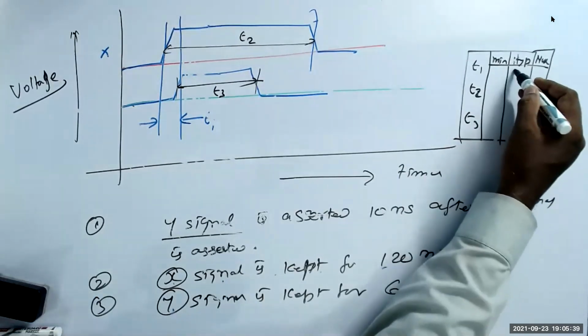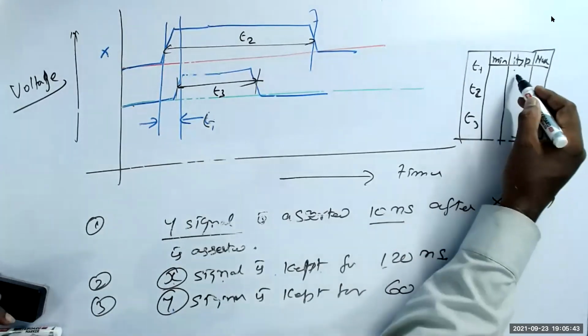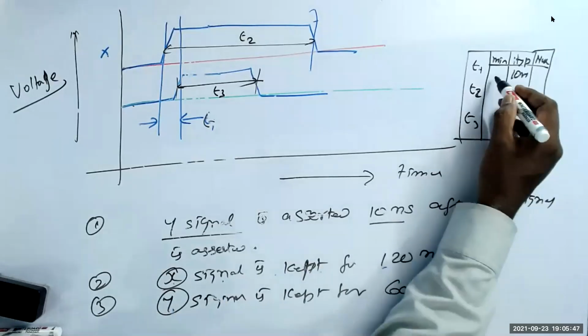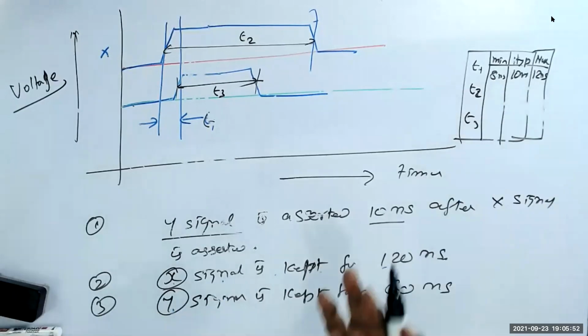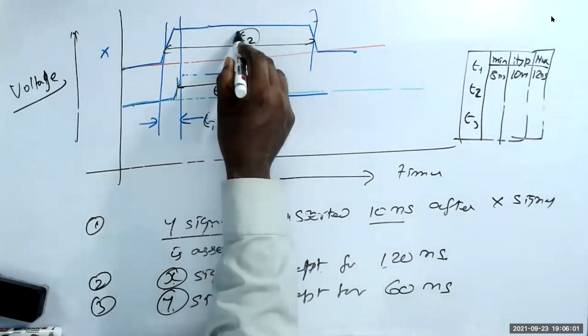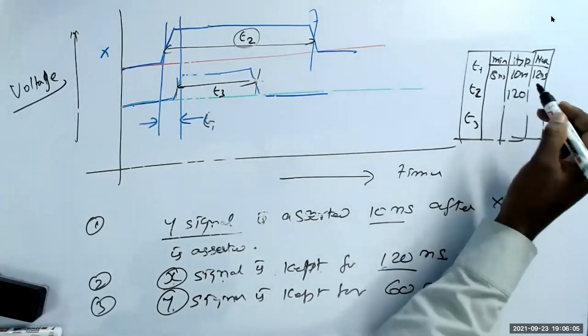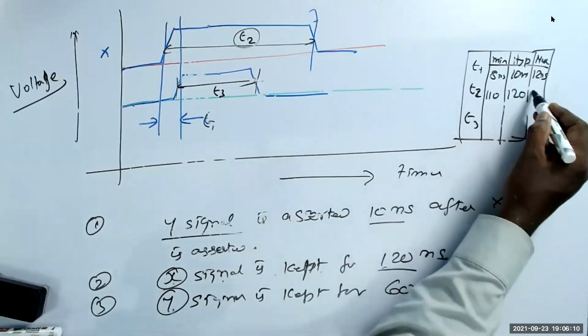Let's say T1: I said 10 nanoseconds. Sometimes it may be as low as 8 nanoseconds, sometimes 12. It may vary a little, depending on how they measured the IC's behavior. Then T2 is 120 nanoseconds, typical, whereas minimum could be 110 and maximum could be 130.